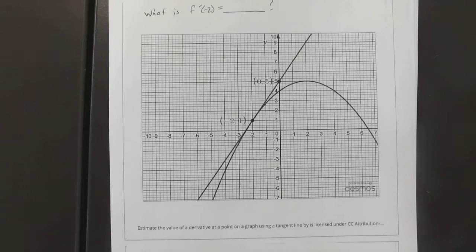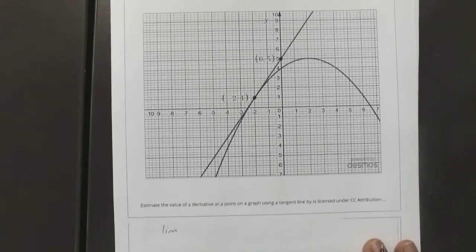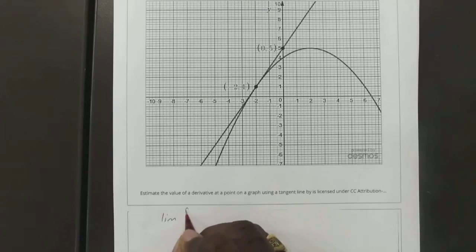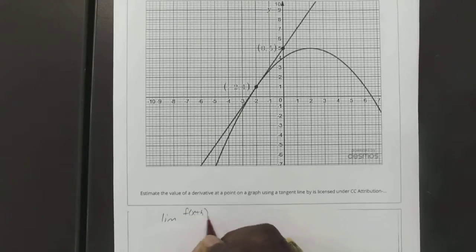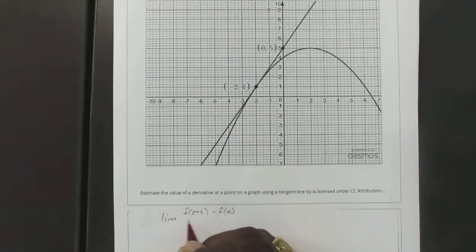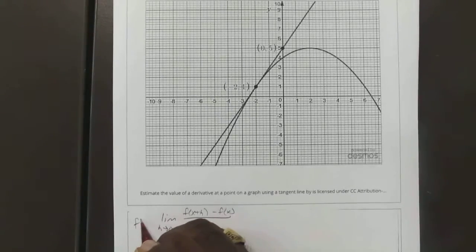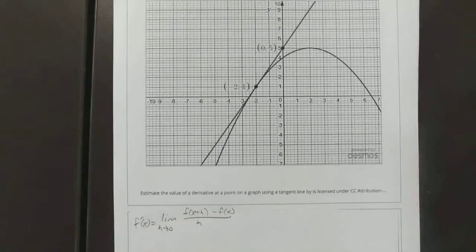Or if you wanted to, you could use the formula, x plus h and all that. Yep, exactly. So if you want to use the limit of f of x plus h minus f of x all over h as h approaches 0 to find your f prime of x, you can do that too.